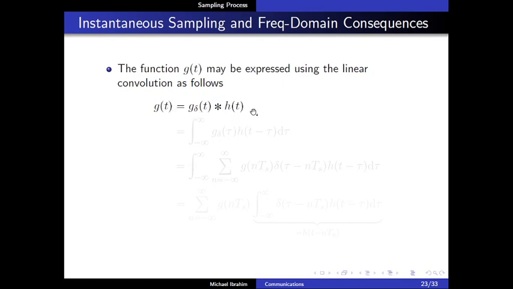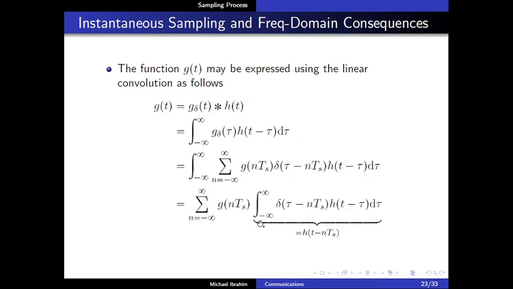So this is the filter impulse response. This is the input signal. Convolution, you get the output signal. So the integral from minus infinity to positive infinity of g delta of tau h of t minus tau d tau. But g delta of t is the summation of g of nTs times delta of tau minus nTs. Now we will exchange integration and summation. We will get this integration here. So we have an impulse multiplied by a function, and again this will result in the value of the function evaluated at the instant where this impulse happens.